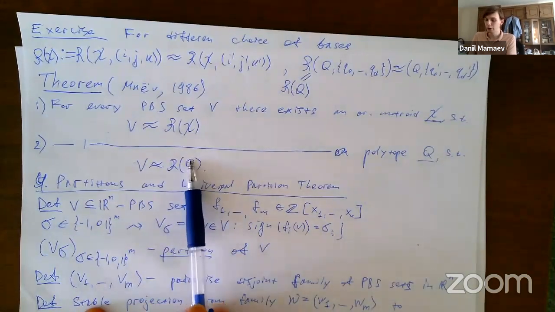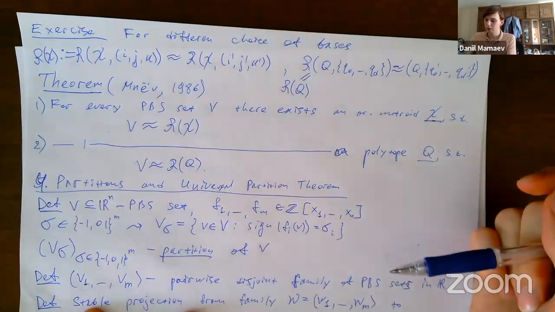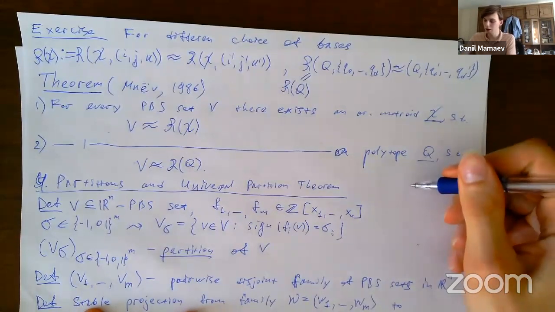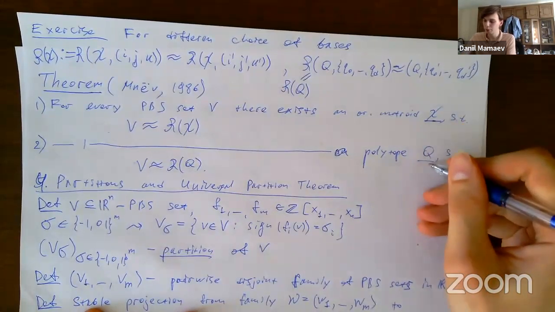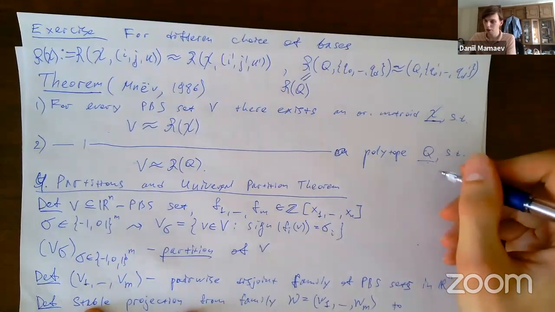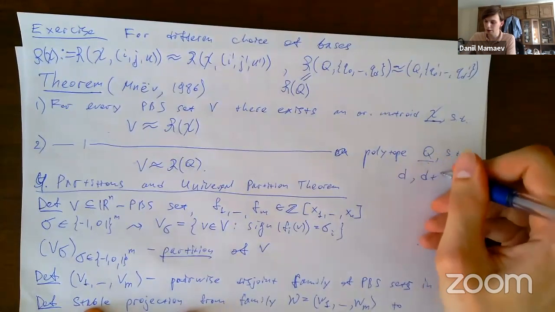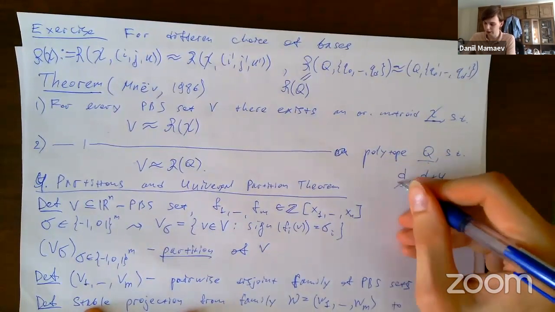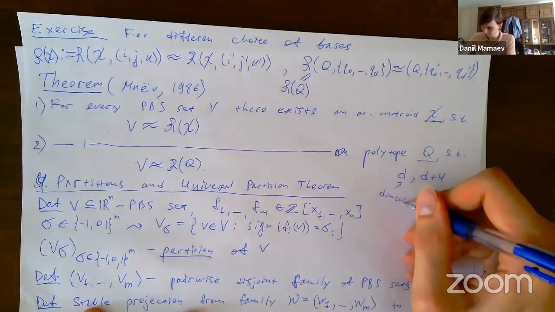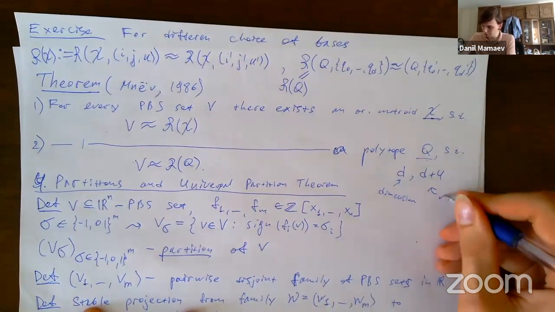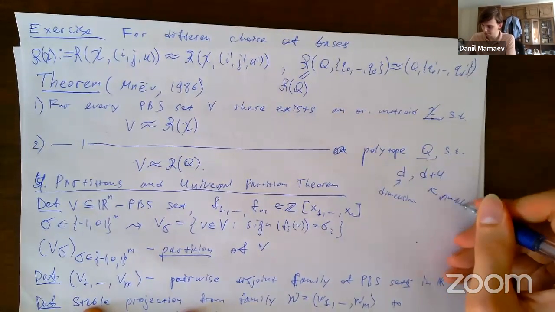And I think what he can get is that there is a polytope Q of dimension D with D plus 4 vertices. This is the dimension, and this is the number of vertices.